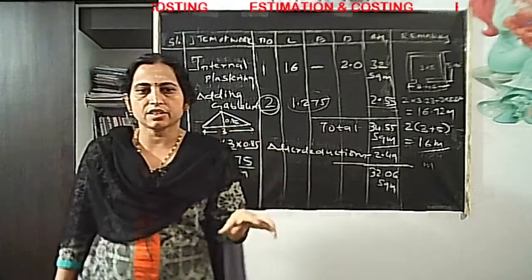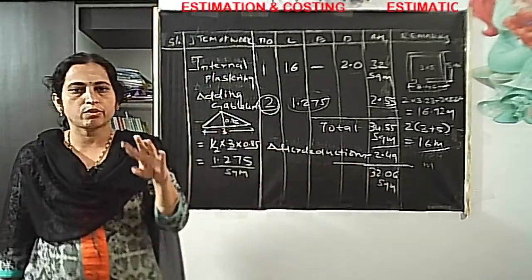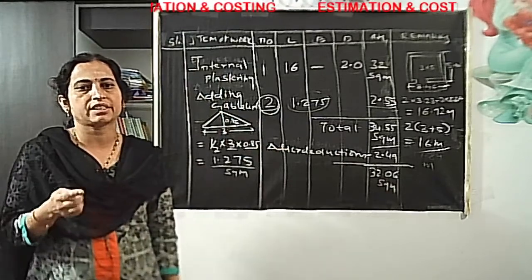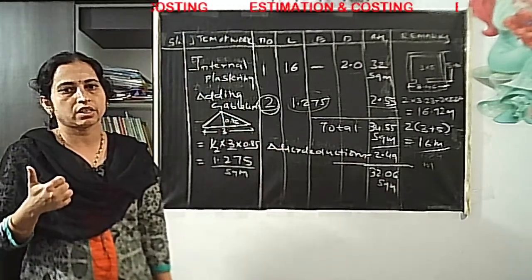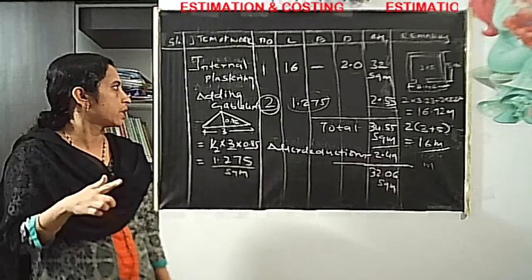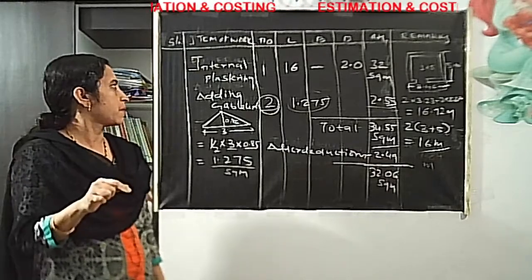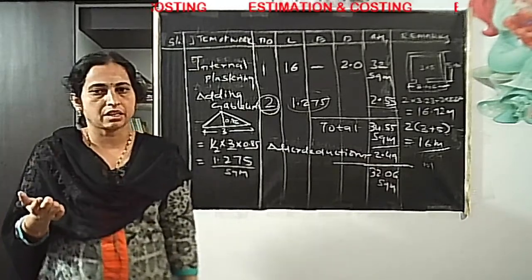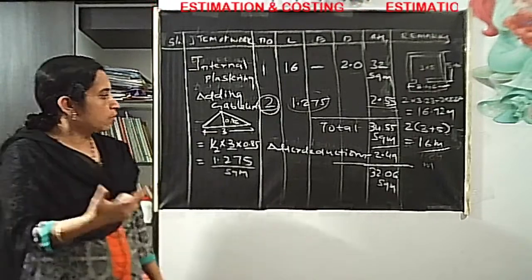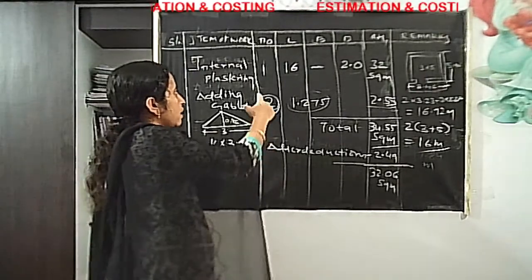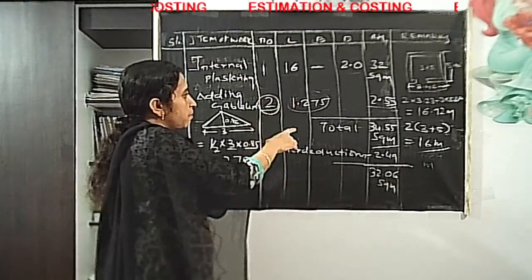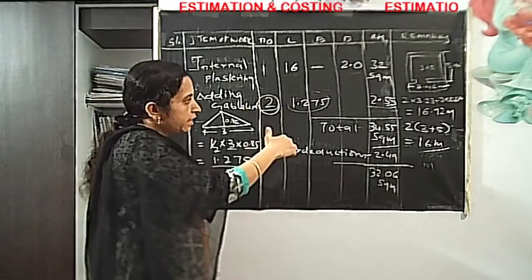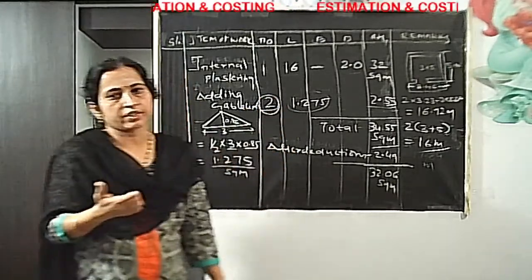So in this problem I had asked you for the calculation of 4 quantities. One is RCC sloping roof, second one is brickwork, third one is external plastering, and fourth is internal plastering. One more thing you can do is, you can calculate external plastering and internal plastering and add them, then take the total deductions.